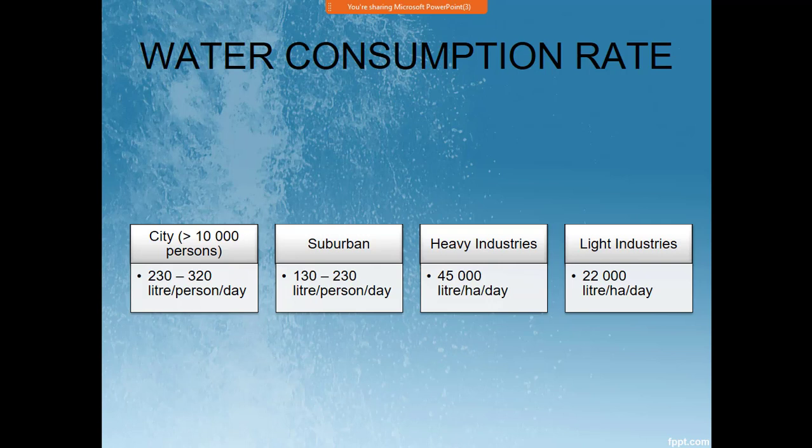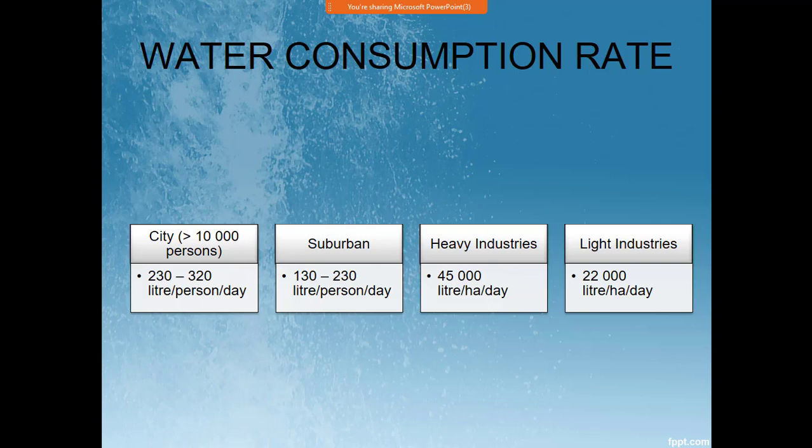Some houses might consume 60 or 100 liters per person, and some might consume 300, maybe 400 liters, such as those who have a jacuzzi or a swimming pool at home, which means higher consumption rates of water.